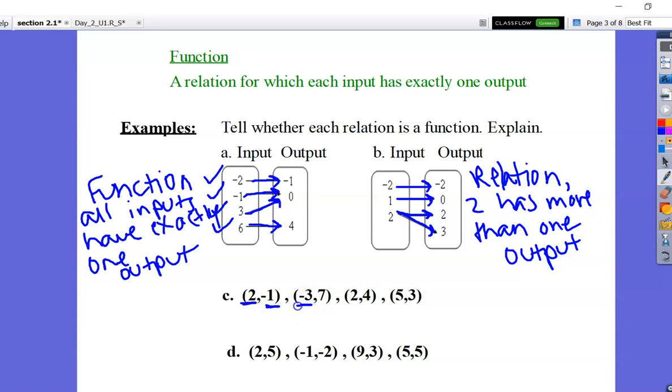I can see -3 maps to or pairs with 7. The third point, I can see that 2 maps with 4. So the x value 2 showed up more than one time in my list. So that's kind of a trick or a shortcut to say this is not a function, because you cannot have an x value that maps to or pairs with more than one y value.